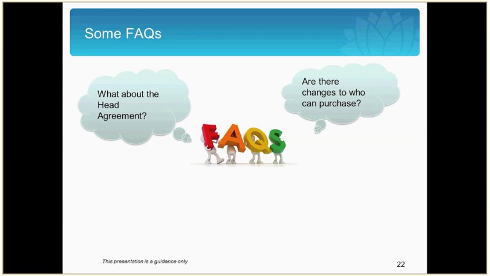Another frequently asked question is whether there are any changes to who can purchase. Now, eligible customers under Procure IT are any government agency or eligible non-government body, so there are no major changes here, only minor revisions.